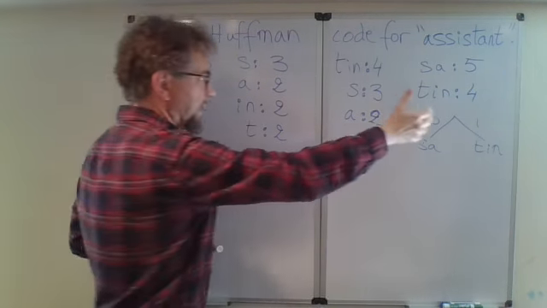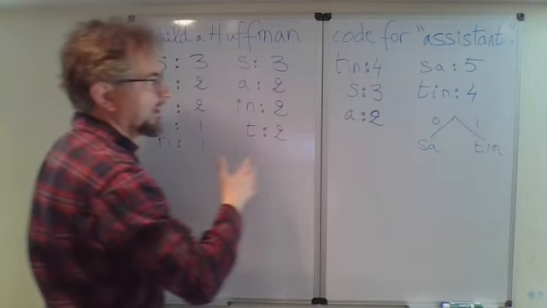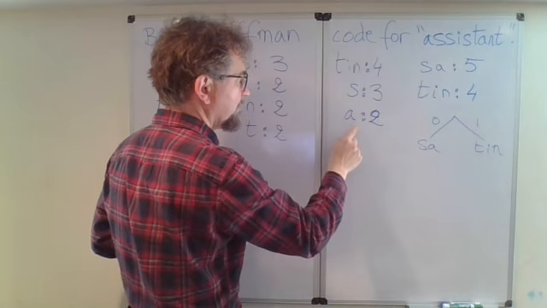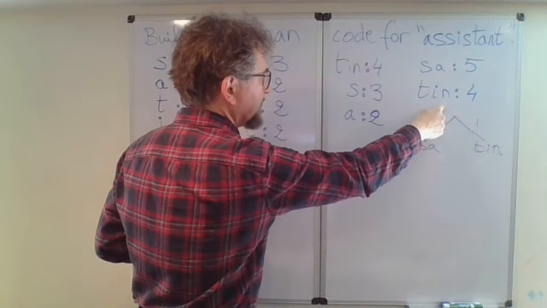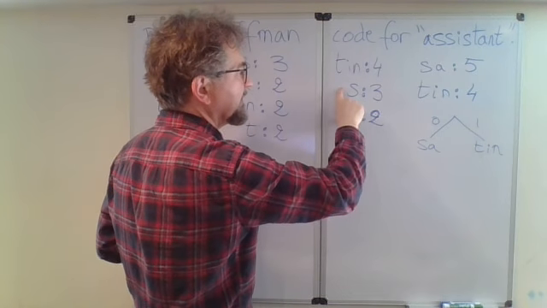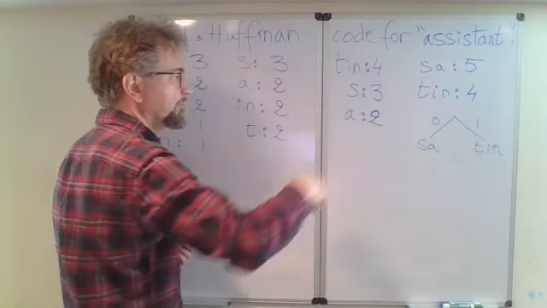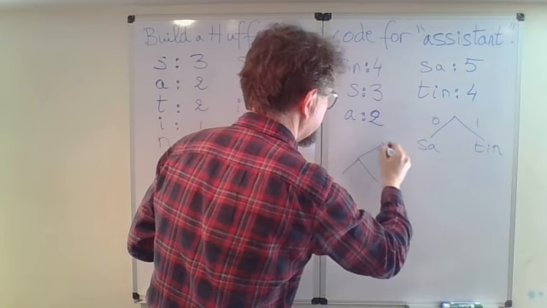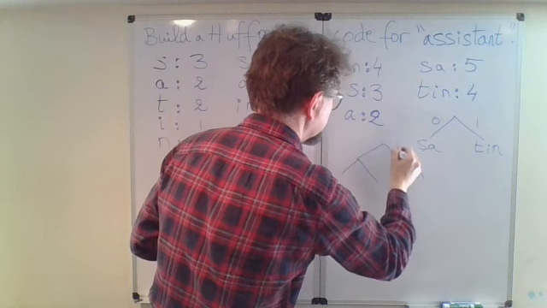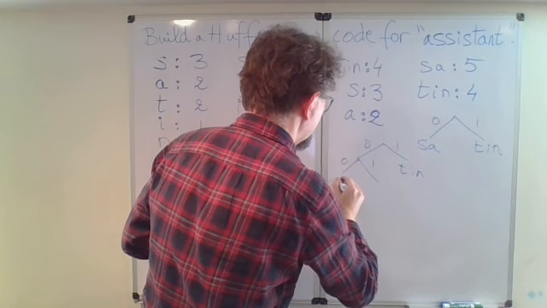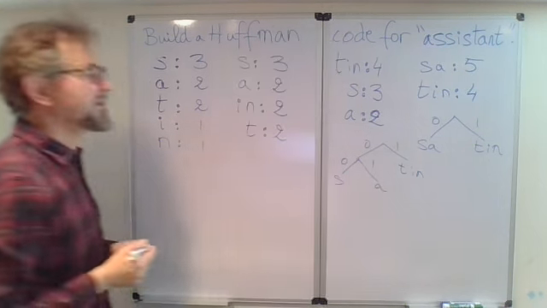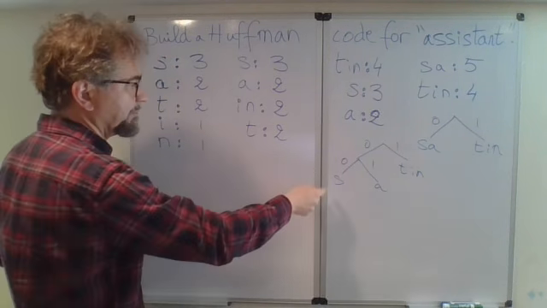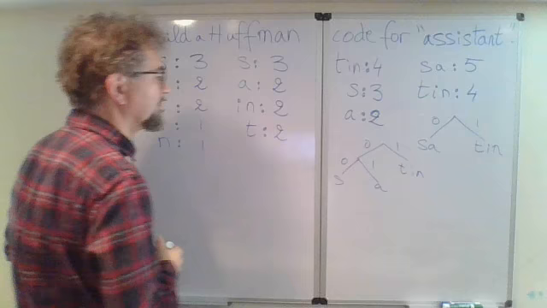Now we come back from this recursion and we undo the contractions. So in going from this to that step, we contracted the S and the A. So now we are going to undo this contraction. And that actually gives us already the encoding for the characters S and A. S will be 0, 0, A will be 0, 1.